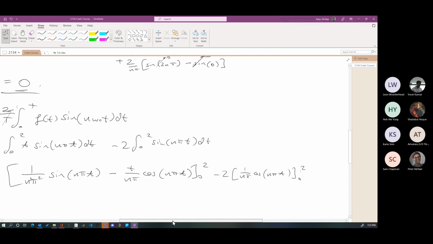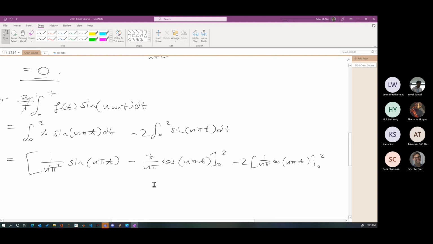Cool. This is 1 on n pi squared sine of 2n pi.